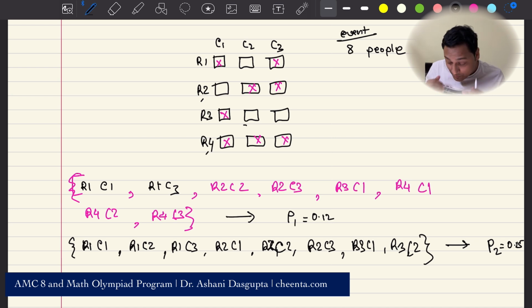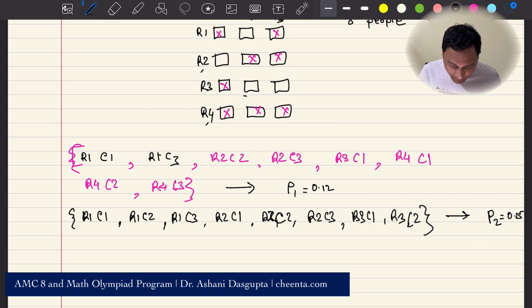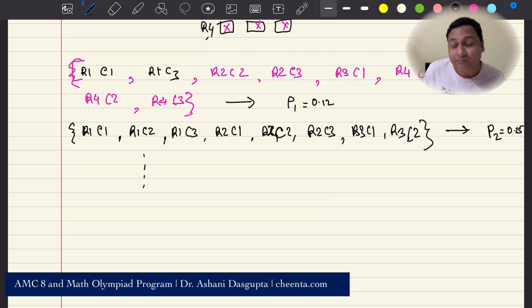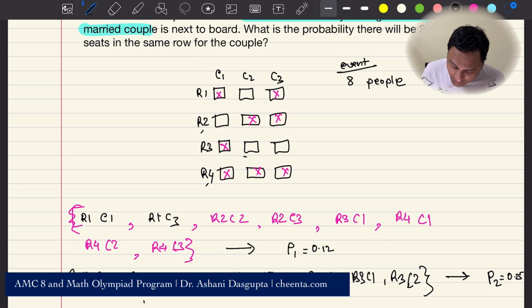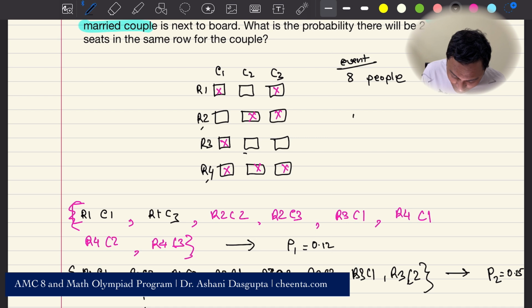Now, the question is, how many such cases will be there? Well, you can count them. You can count the number of cases, which we will do in a moment. Basically, what you have to do is, from these 12 seats, you have to choose 8 seats, and you have to check in how many ways you can select those 8 seats.